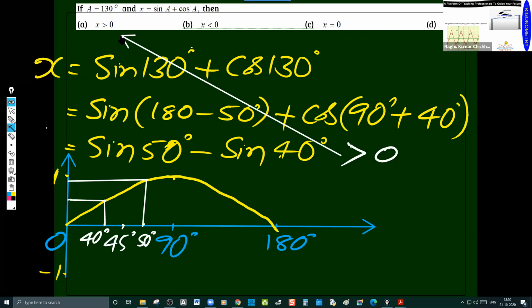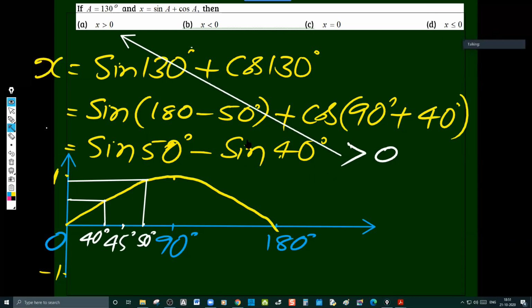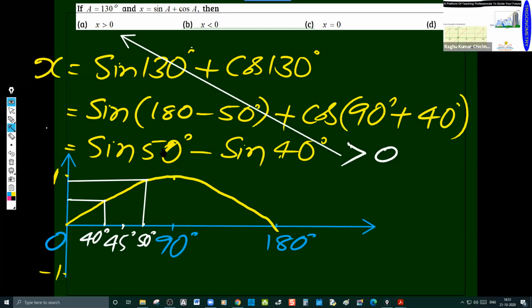I should not say difference. Difference should always be taken positive. But here sine 50 minus sine 40 becomes positive. Similarly, you tell me if it is cos 50 minus cos 40, what happens? It's negative. That's good. This is the reason why we call sine is increasing between 0 and 90.